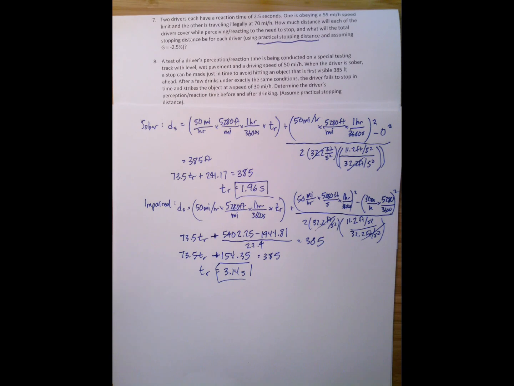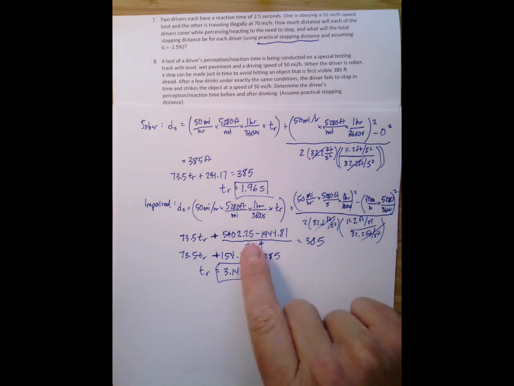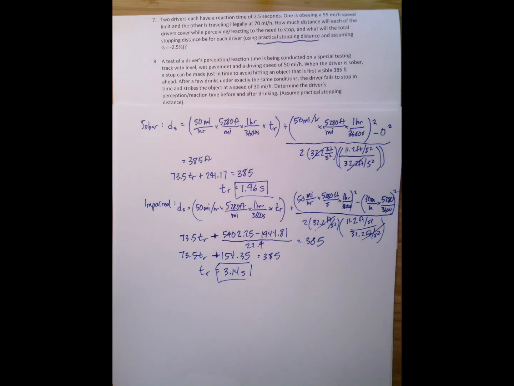Okay, so I repeated the same procedure using the ending speed of 30 miles per hour. I'm sorry, I ran out of room here on the right-hand side. But there's really nothing different about the procedure except that the ending speed was not 0. We're again solving for t sub r.